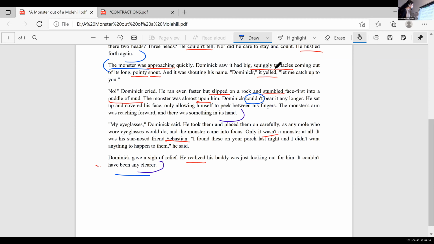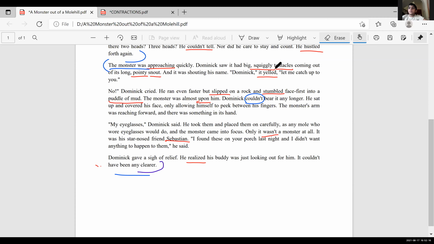He sat up and covered his face, only allowing himself to peek between his fingers. The monster's arm was reaching forward, and there was something in its hand.